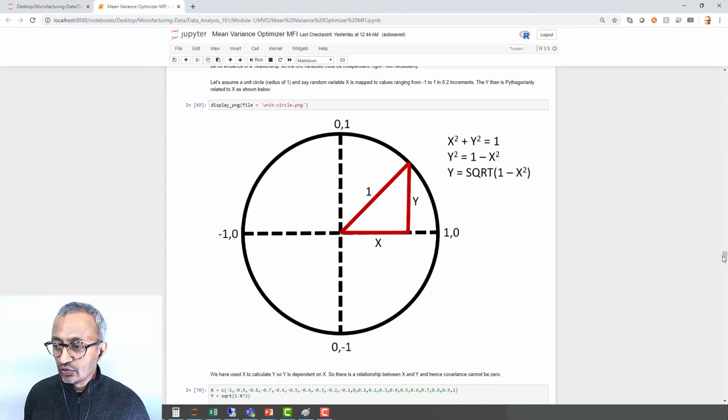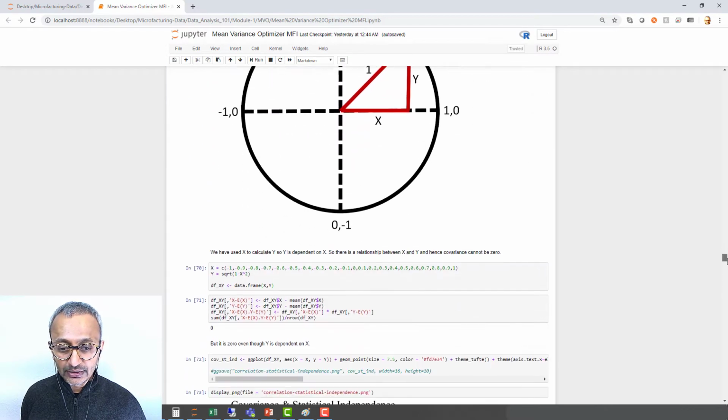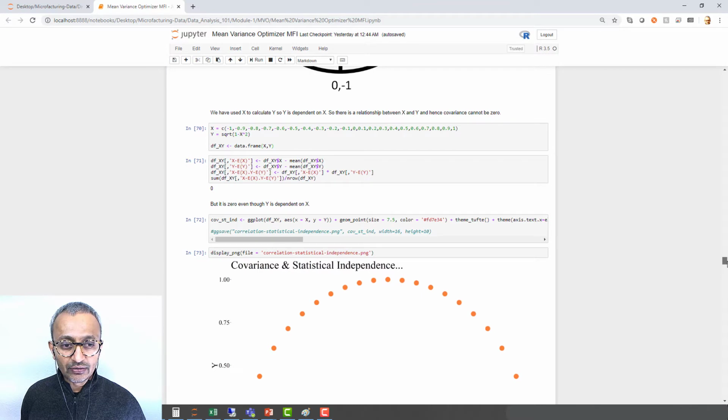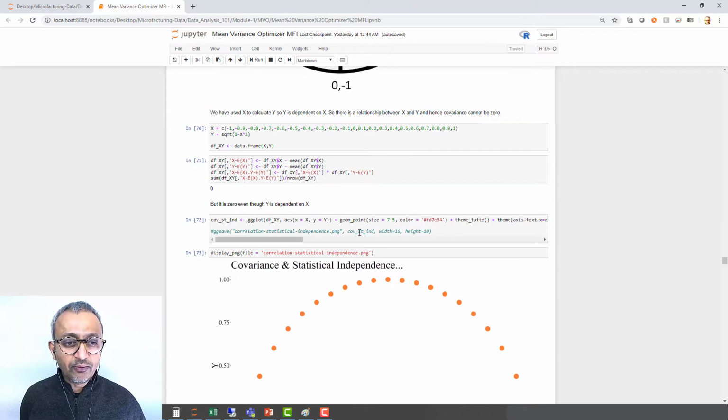So when we do that calculation, which is what we have done here, we use x and we calculate y. y is the square root of 1 minus x squared, because that's the Pythagoras theorem.